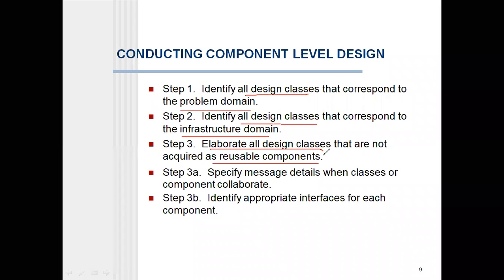Whatever attributes we have, whatever operations we have, those are not reused. If some attributes, operations and interfaces we have defined in our project are not reusable, then you should elaborate those classes, right?